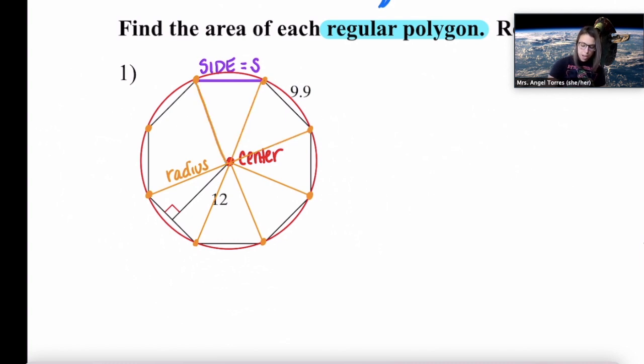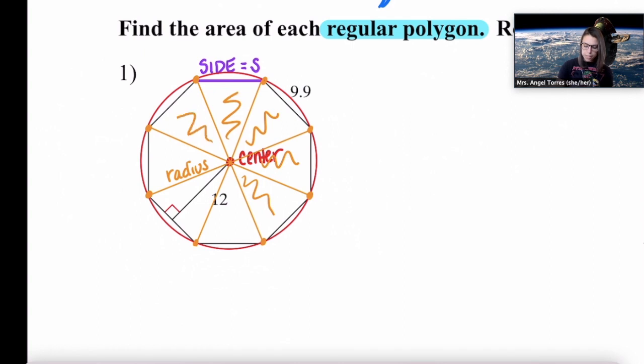So I can break up this octagon into a bunch of different triangles. How many triangles? 1, 2, 3, 4, 5, 6, 7, 8. So I've now created 8 congruent triangles because they all have the same side lengths.